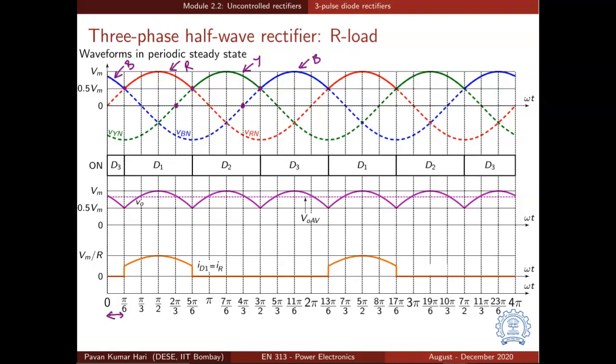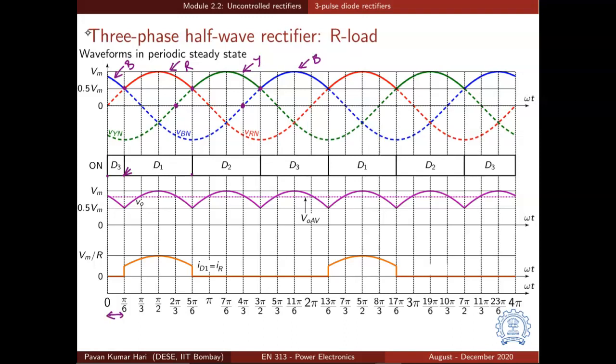So what are the diodes conducting in each interval? D3 conducts from 0 to 30 degrees if you start looking from 0, and D1 starts conducting right at 30 degrees, this point, and it will stay conducting till VRN is the maximum among the three, that is till 150 degrees.